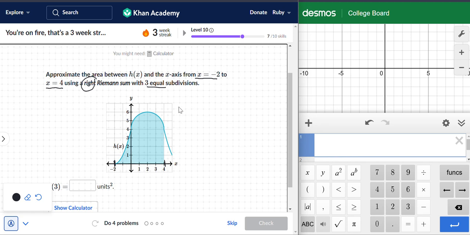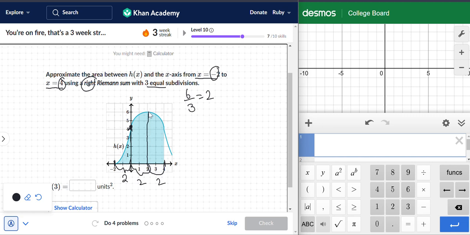They said 3 equal subdivisions, so the distance between -2 and 4 is 6, and if we divide that, we get 2, so the width is going to be the length of 2. So we have another subdivision here, and then another subdivision here. 2, 2, 2. We're talking about right Riemann sum, so we're going to care about the rightmost point of the subdivision.